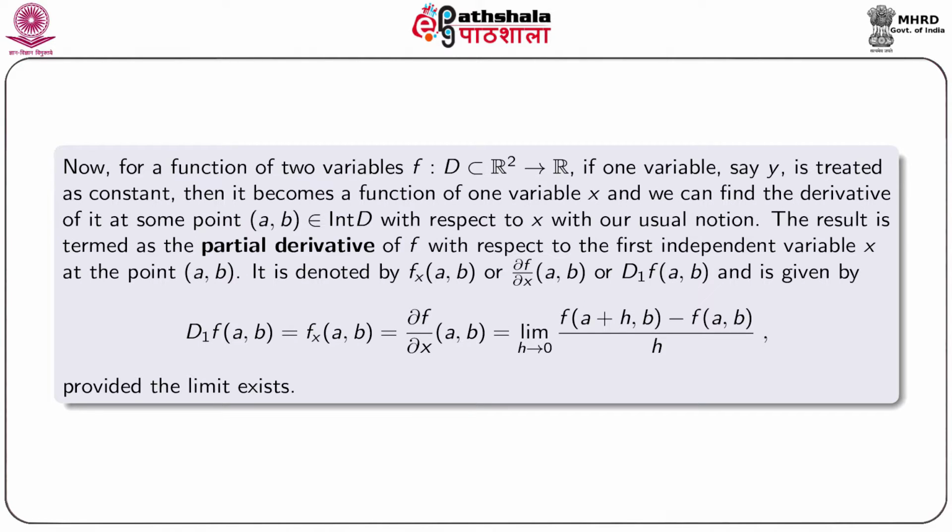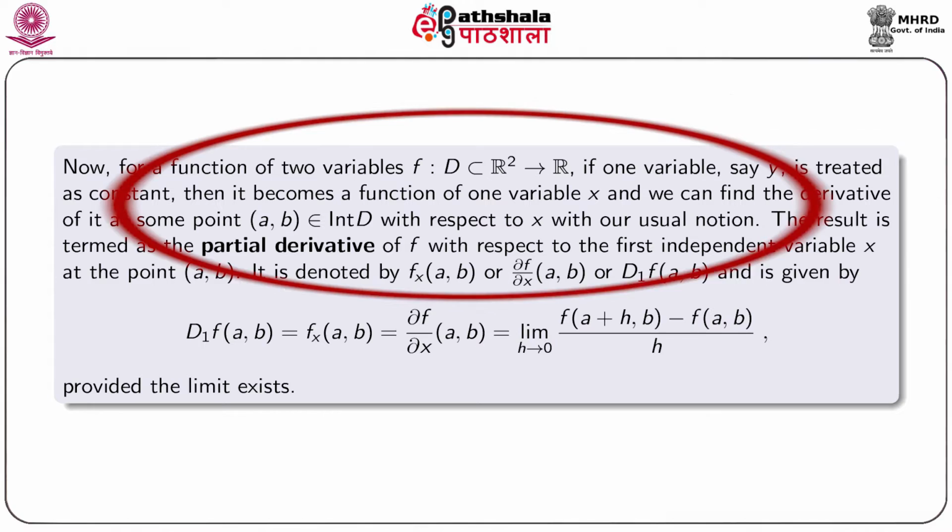We consider a scalar field f defined over a set D which is a subset of R2. We suppose the variables are x and y. If one variable, say y, is kept constant, then we can consider it as a function of one variable x.